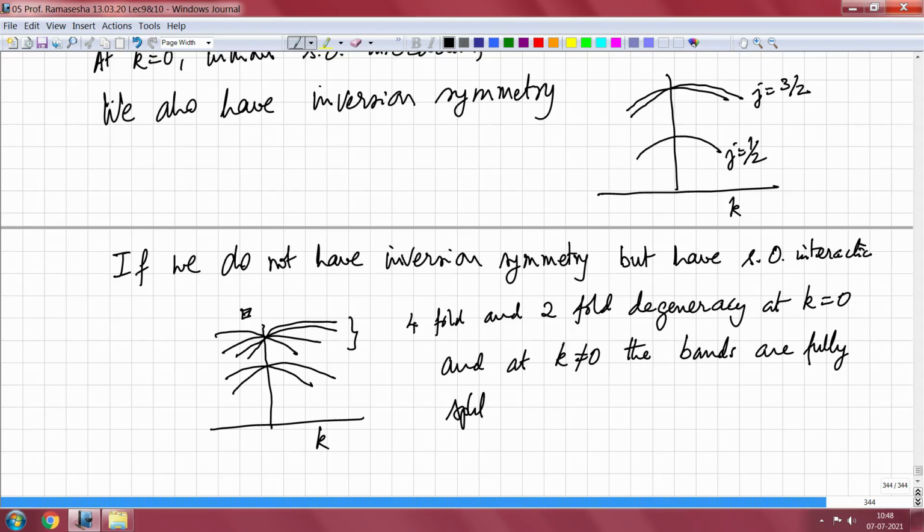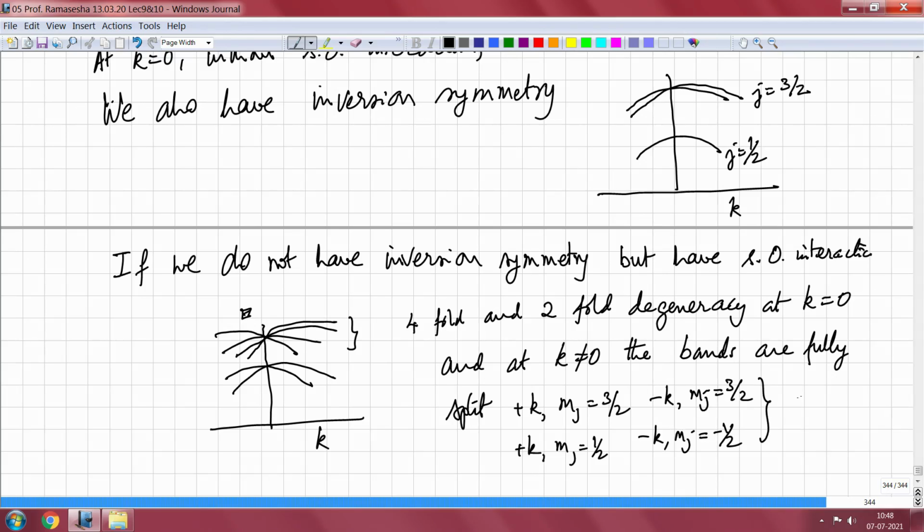That means you have 6 bands corresponding to plus k, mj equal to 3/2, minus k, mj equal to 3/2, and then plus k, mj equal to half, minus k, mj equal to minus half.